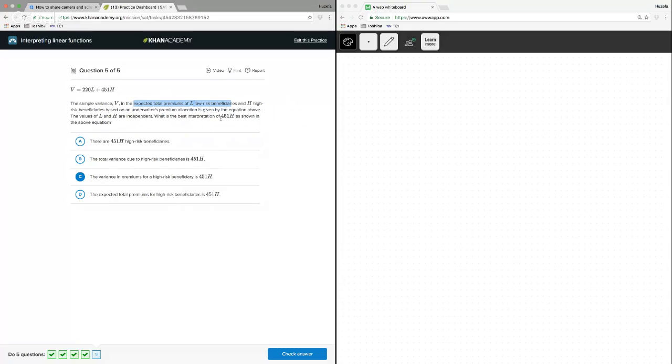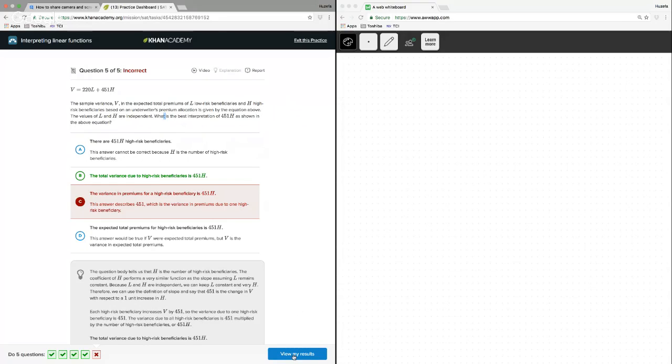This one's kind of throwing me for a loop. I'm going to go with this because they don't mention premiums here, and this is expected total premiums of low risk beneficiaries. Hold on, let me think one more second. Variance in premiums for high risk. I'm going to go with C. Could be B. Let's see. It's B. So I actually got it wrong.